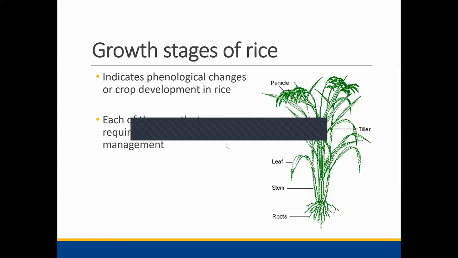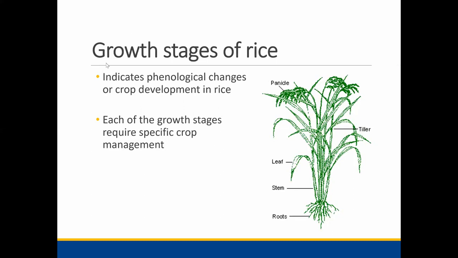Okay, if you don't have questions, we can move to the next section. There may have been two or three classes before where we had a brief outlook on the growth stages.